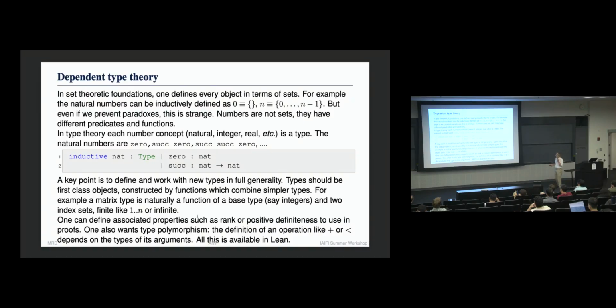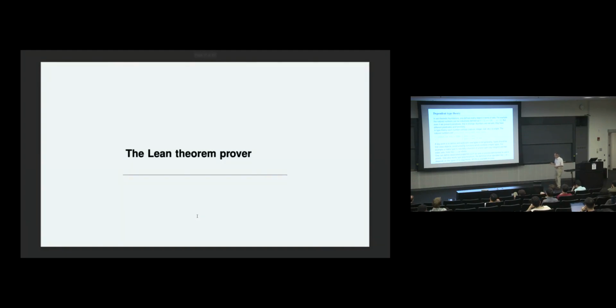So, for example, a matrix is not just a matrix. The entries have some type. They could be some particular type of number with certain properties for the matrix operations to make sense, and then the two index sense. So you want the constructor of a type to be a function of these things. So there are these various properties which make it convenient to express mathematics. And if you're missing them, it starts to become very difficult.